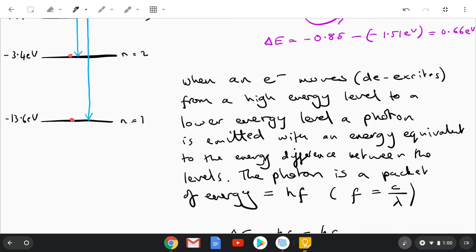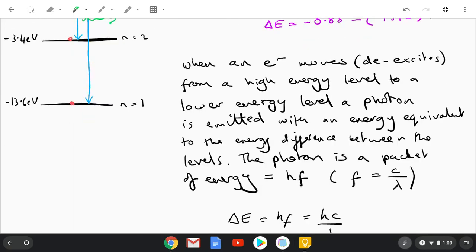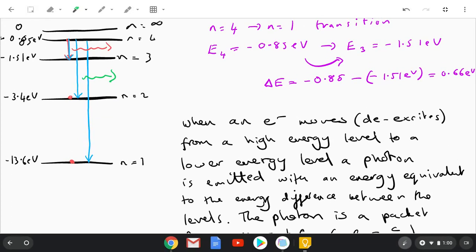If the energy difference is large, that means that the frequency of the photon that is emitted is higher. That means that the wavelength is smaller. Okay, so now we're moving from the red region to the green region of the spectra.